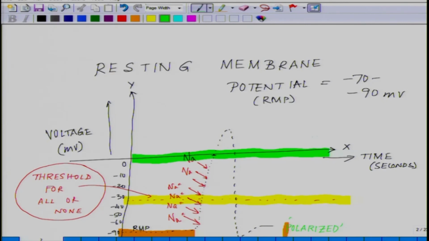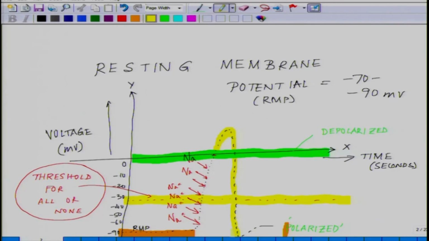Then here it becomes depolarized, because there is no more polarity of the cell, a depolarized state. After it overshoots the 0 out here, it starts to come back to its original baseline level like this.